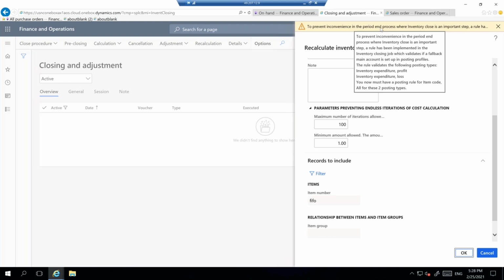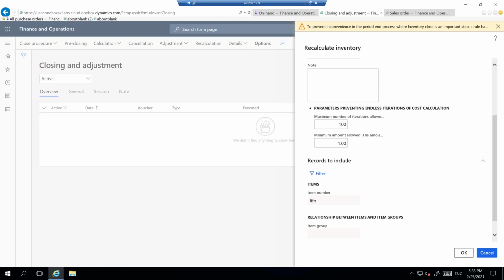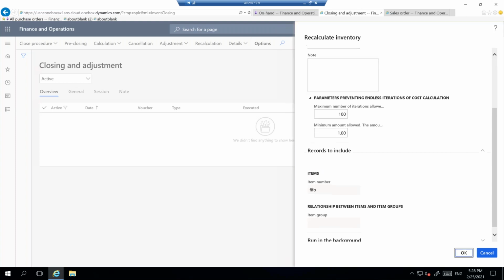So the reason behind it: because of this process, some postings will be done, so the system is asking for ledger accounts. Let me show you that one.